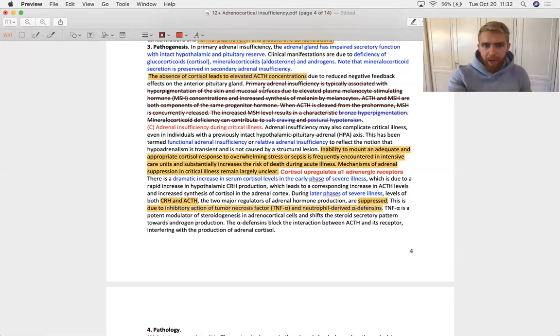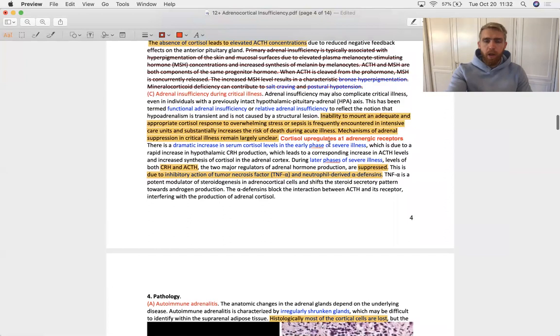Once more, elevated ACTH in all of these cases, because that's what your pituitary does when it sees no cortisol in the blood. Once more, symptoms of hypocortisolemia: low blood glucose, because cortisol is gluconeogenic. Low blood pressure, because cortisol upregulates alpha-1 adrenergic receptors that are going to vasoconstrict you peripherally.